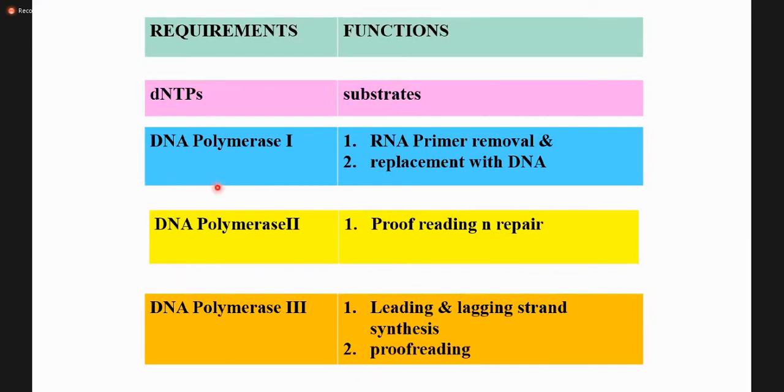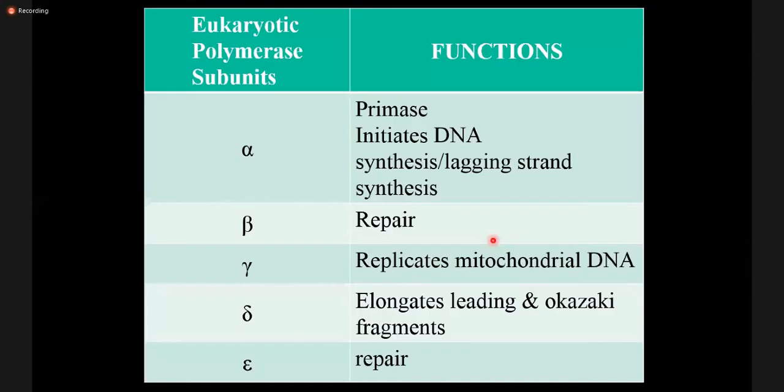So we have three different types of enzymes: DNA polymerase 1, 2, and 3 in the prokaryotes, and these are some of their important functions. Whereas in eukaryotes, there is a single DNA polymerase enzyme containing subunits like alpha, beta, gamma, sigma, and epsilon. These subunits have different functions. For example, the alpha subunit has primase-like activity.